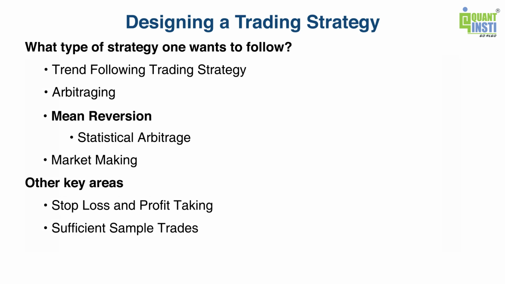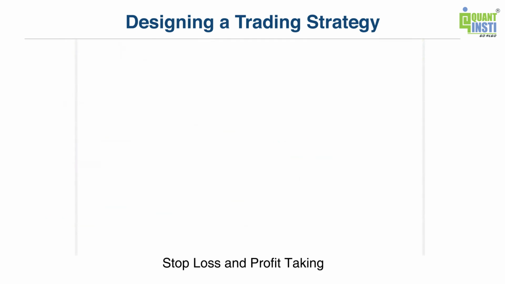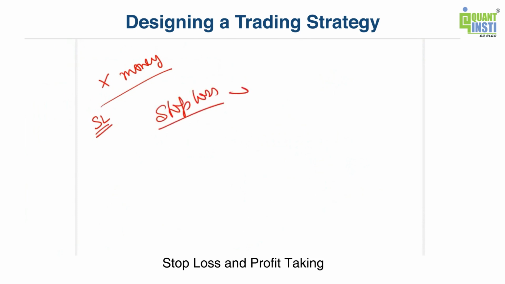Some say that a stop loss is a point where you feel, oh, I cannot lose more than X amount of money in the particular strategy, so I should take a stop loss. Well, we do not look at a stop loss in this fashion. For us, a stop loss is a condition where your hypothesis has failed.